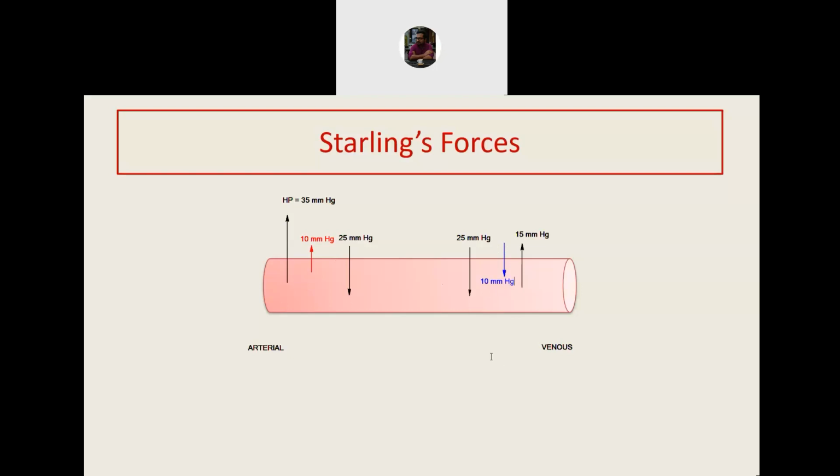What is interesting is that the direction of the two pressures are different, because on the arterial end, hydrostatic pressure is more, and on the venous end, the colloidal osmotic pressure is comparatively more. That means the amount of fluid that is going out from the arterial end, theoretically, the same fluid should be able to return to the venous end. This equilibrium is called the Starling's equilibrium.